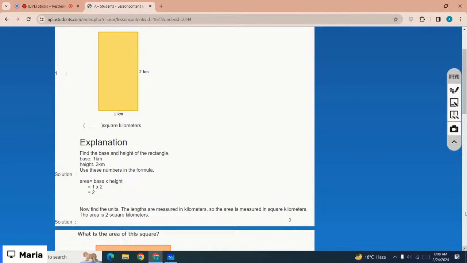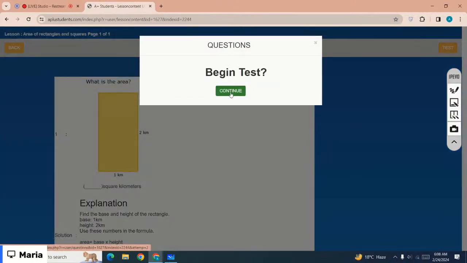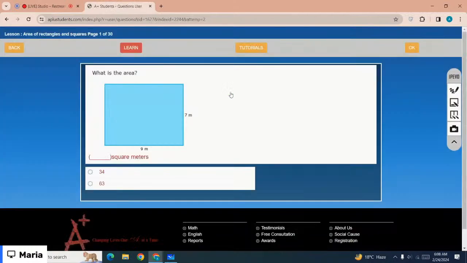Okay, then let's just start with the test questions. Okay, what is the area? You are given a rectangle. You need to calculate the area. So which is the correct option?